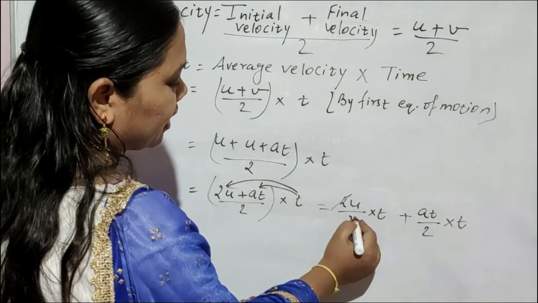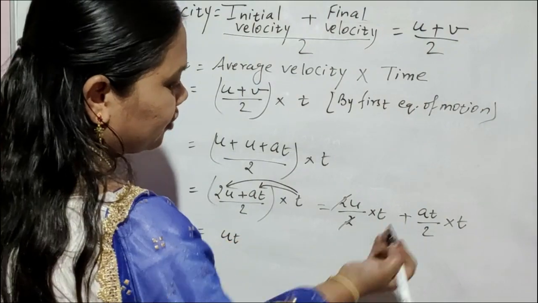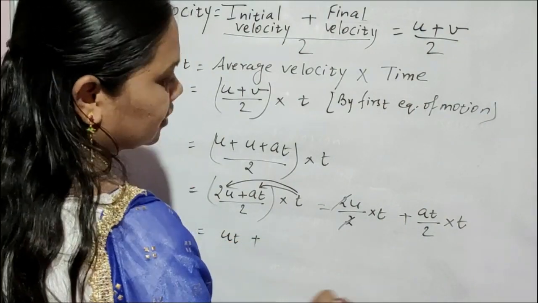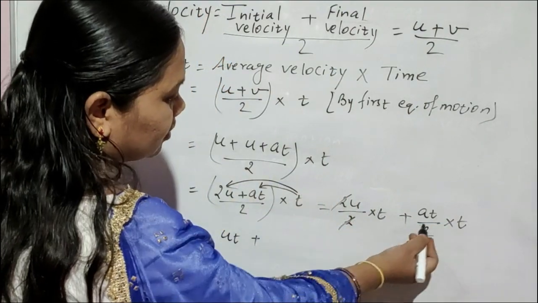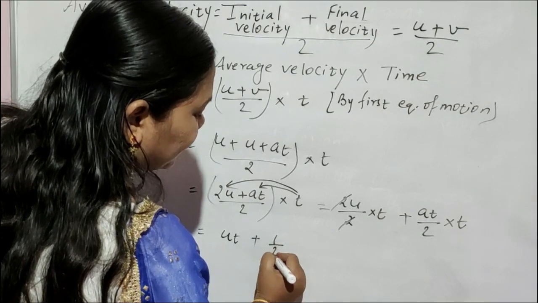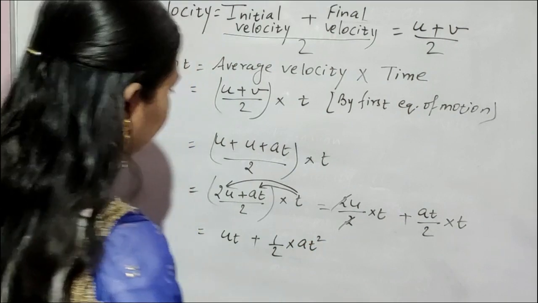Now the 2 cancels. What is left? ut, first term, plus here at into t, at square, and by 2 is there. So half we will take in front. Half into at square.